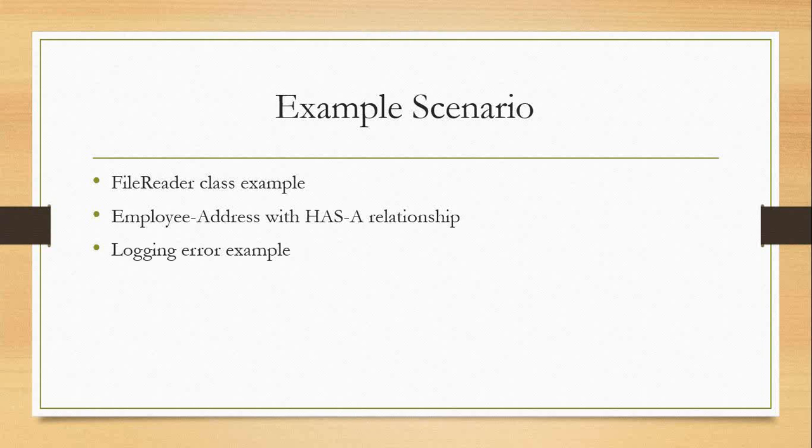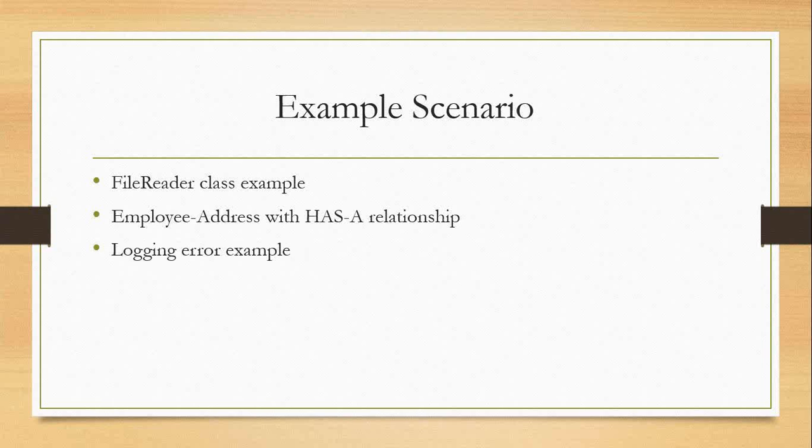So we had talked about a file reader class example where we had a copy module and we had to copy from a reader class onto a writer class. We also saw the design of how a high-level module can be directly dependent on a low-level module, what impact it creates, and if I introduce a layer of abstraction, what is the advantage of using that.